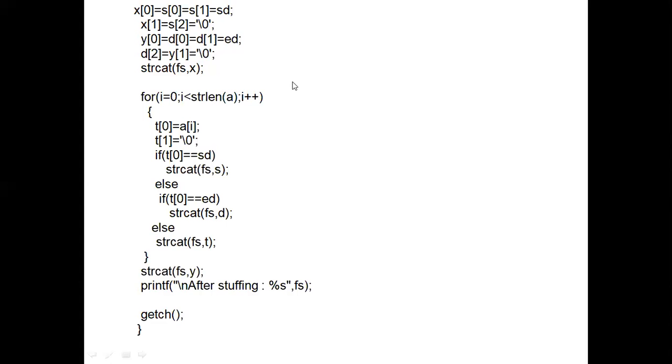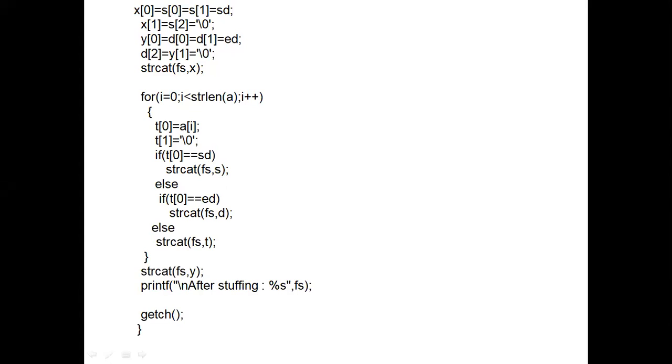Okay, so after preparing the starting delimiter and ending delimiter, we start tracing the entire string. We take one by one. We take the first character as a string, and if t0 is equivalent to sd, meaning it is a starting delimiter, it is preceded by one more starting delimiter.